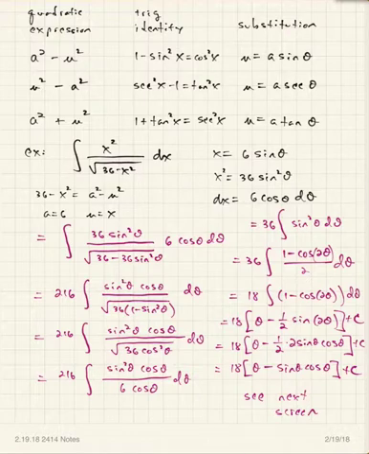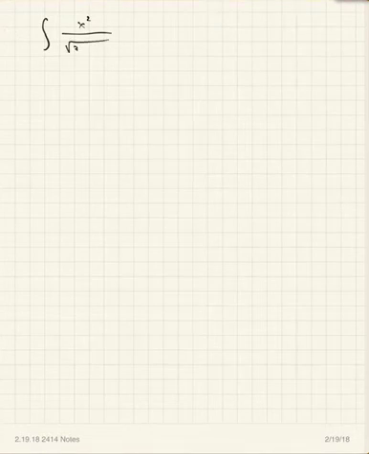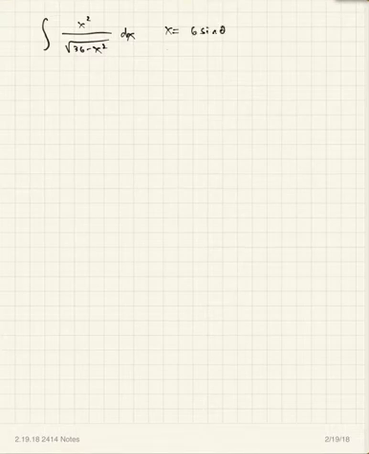So in my problem, remember the original problem, let's write that down again, is x squared divided by the square root of 36 minus x squared dx. I made the substitution that x was equal to 6 sine theta, and the dx was equal to 6 cosine theta d theta.